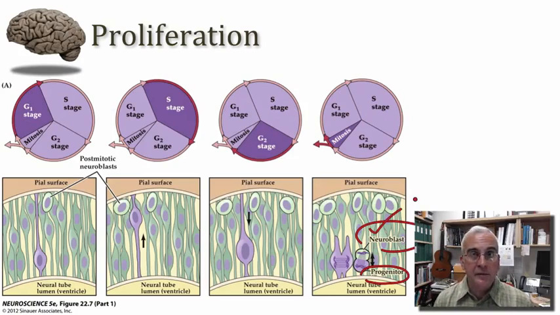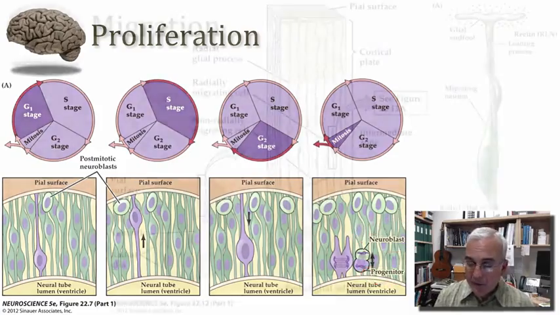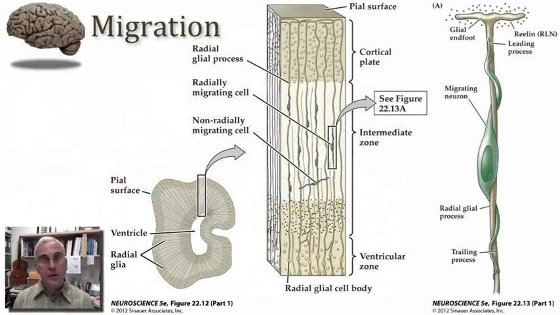Now, once this neuroblast has been produced through this process of asymmetrical mitosis, for many of these cells, they migrate away from the ventricular region of the wall of the neural tube to a more peripheral destination. And that migration is important for forming a structure like the cerebral cortex.